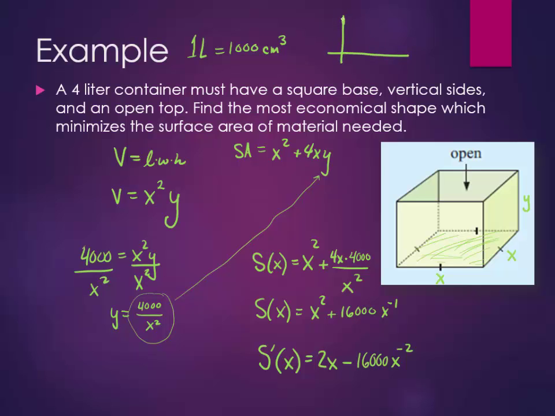It's going to start up here, it's going to dip, and then come back. So we're going to try to figure out what that point is. What's the slope at that point? The slope is 0. And this is the slope equation. That's good. So that means we set it equal to 0 and solve for x.